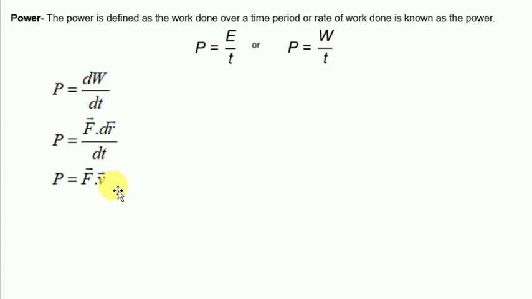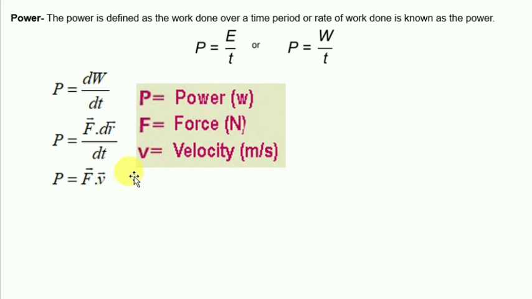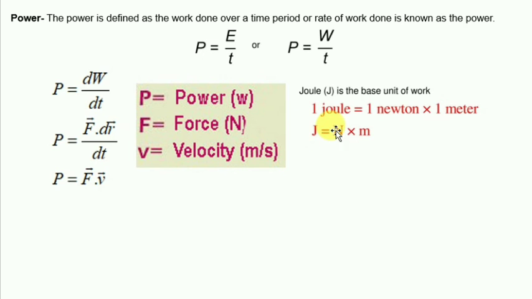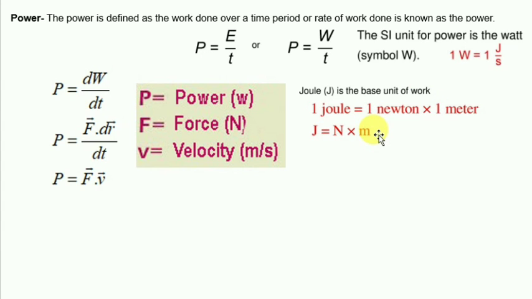It is very important to note that the power unit is watt, force is in newton, and velocity has a unit of meter per second. The joule is the base unit of work. So 1 joule equals 1 newton meter, and 1 watt equals 1 joule per second.